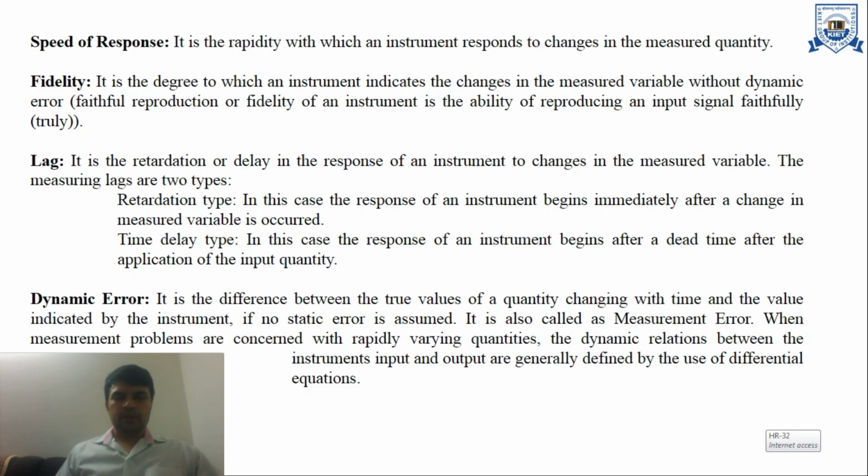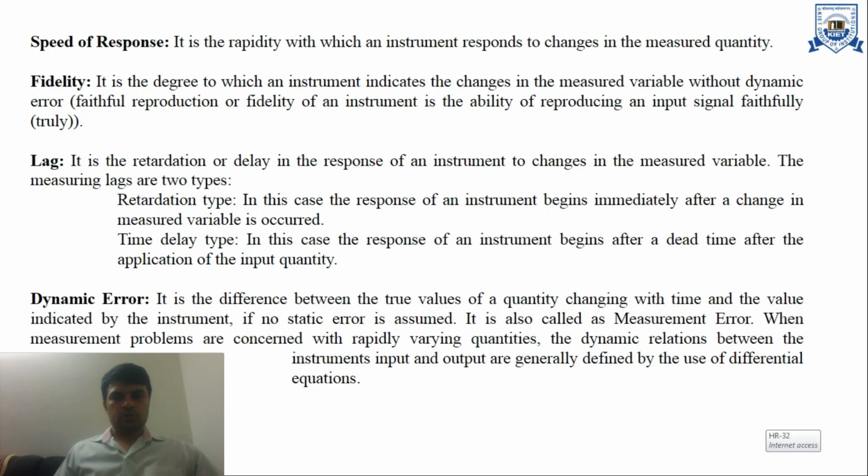Then fidelity: it is the degree to which an instrument indicates the changes in the measured variable without dynamic error. Faithful reproduction or fidelity of an instrument is the ability of reproducing an input faithfully or truly.